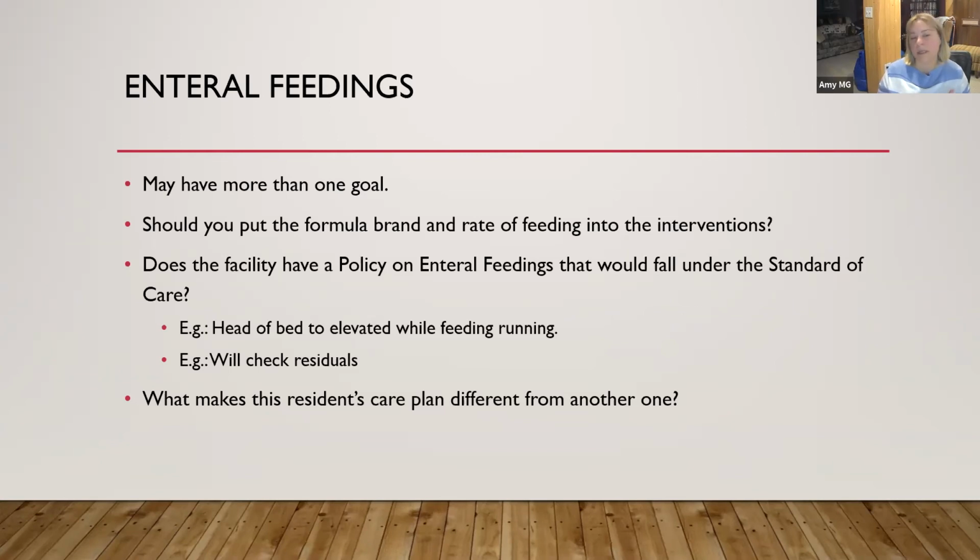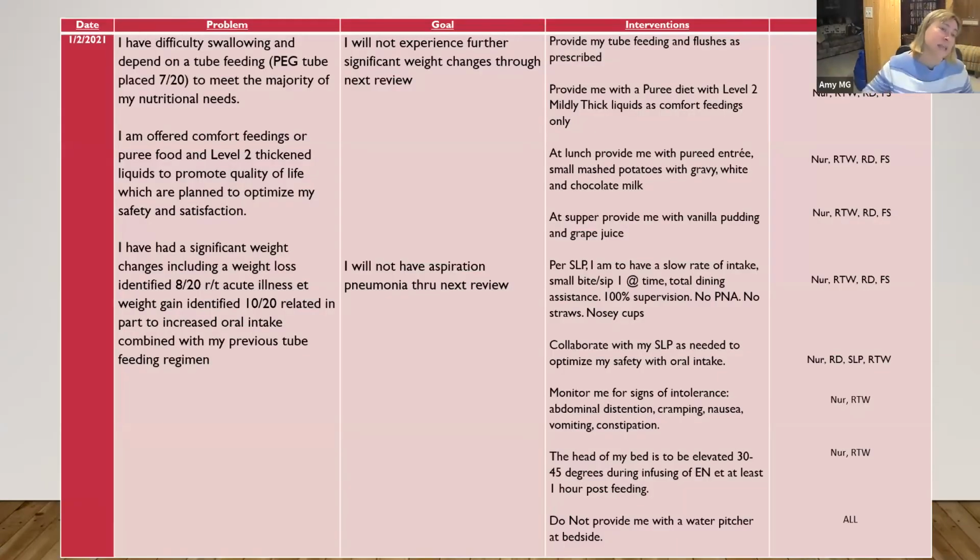And what makes this resident's care plan different from another enteral feeding? If you have 3 enteral feedings and you lay them all out and cover the name, can you tell which resident is which? Here is a sample of somebody that is on enteral feedings, and they are offered comfort feedings.